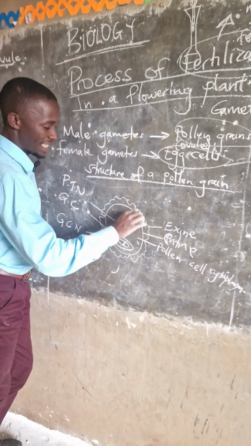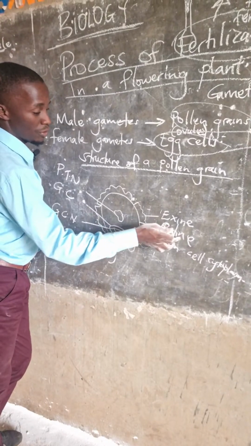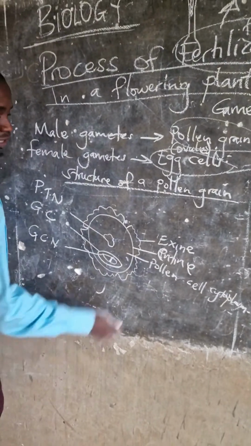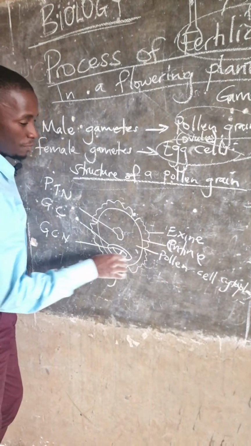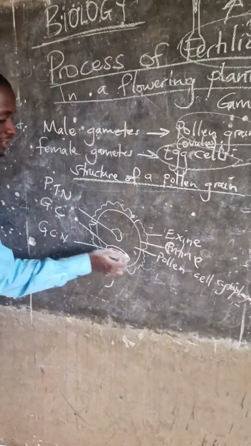Inside it is a thin membrane we call the intine. The intine is surrounding the pollen cell cytoplasm in which two cells are embedded.